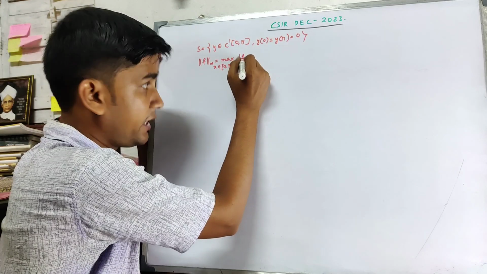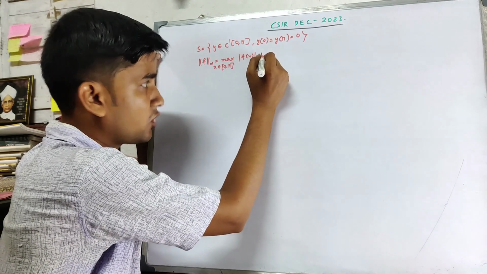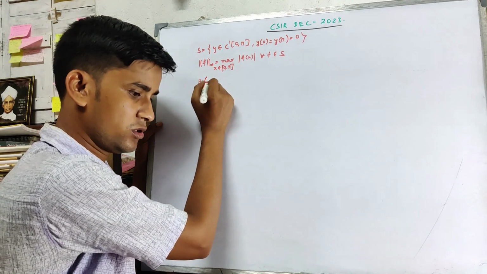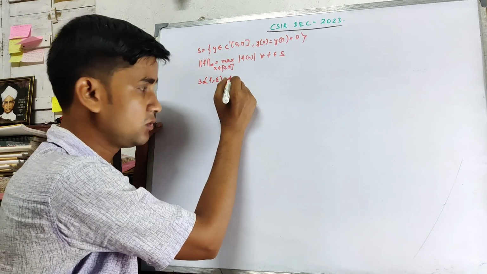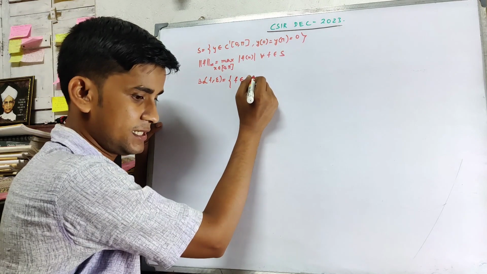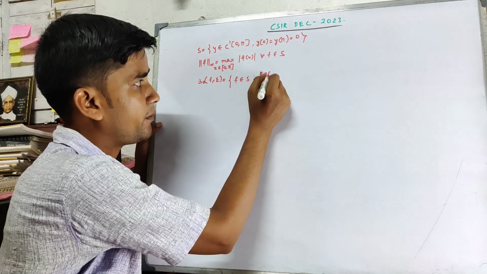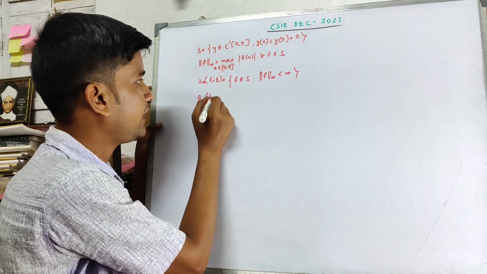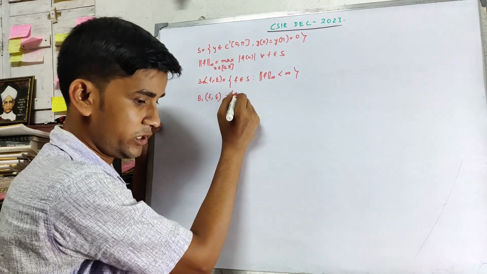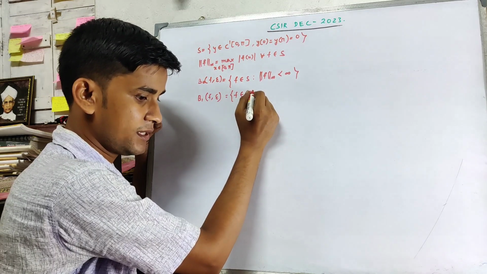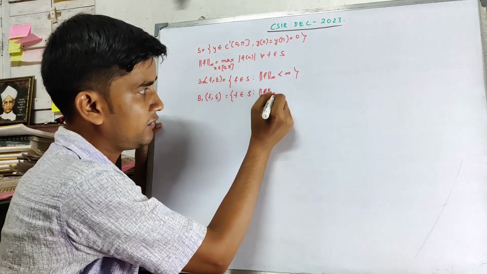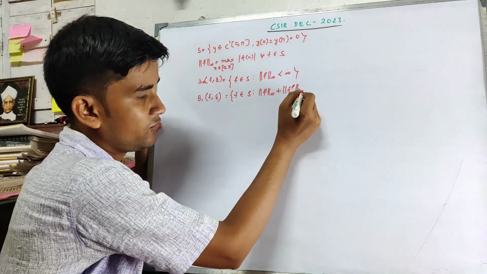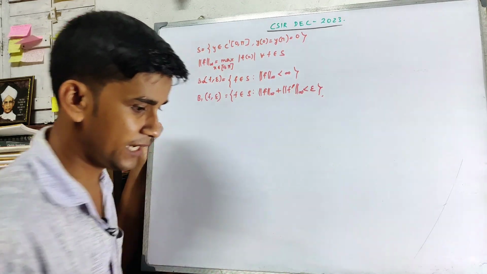For all f belongs to S, B0(f, epsilon) is equal to f belongs to S such that the infinity norm of f is less than epsilon, and B1(f, epsilon) is equal to f belongs to S such that the infinity norm of f plus the infinity norm of f dash is also less than epsilon.